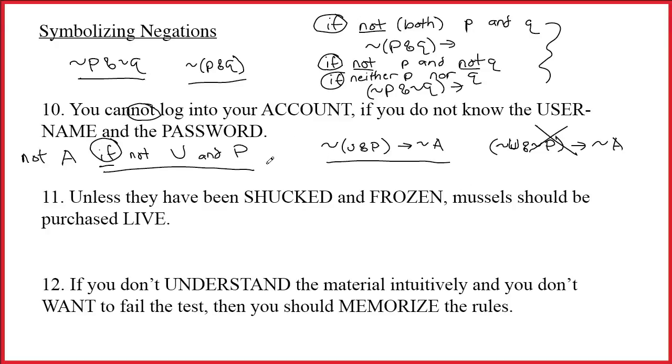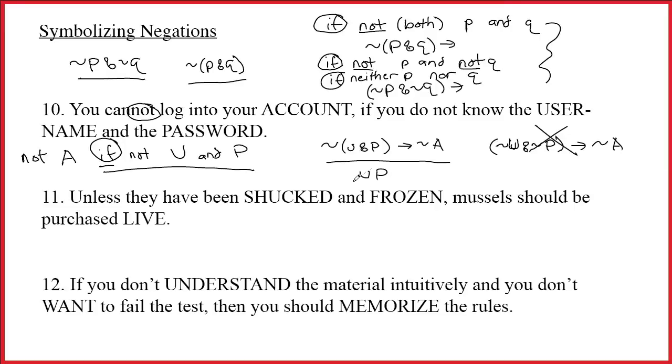Now, we can also think of this in terms of the meaning. And ideally, that's the goal, is to get to the point where we actually understand it. There's two things. There's the username and there's the password. You can't log into your account if you don't know the username and the password. Well, how many of these things do you need to log in? You need to have them both.